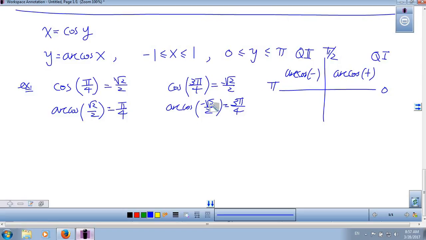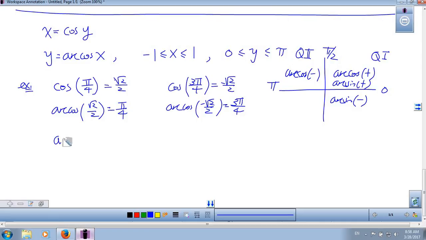So we get quadrant 2 instead of quadrant 4. But arcsine returns an angle in quadrant 1 and quadrant 4. So that's the major difference here.